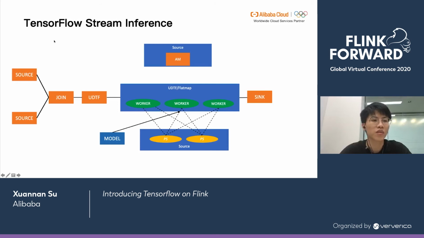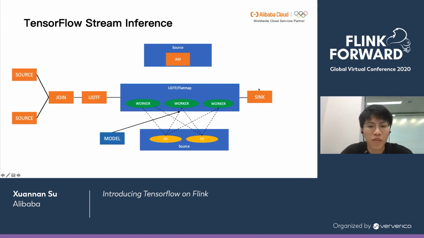The pre-processing pipeline is the same, and we can reuse the code. The only difference is that the model is given at the beginning of the inference. The parameter server will load the parameters of the model, and the worker will read the data from the upstream operator, perform an inference, and send the result to the downstream operator.